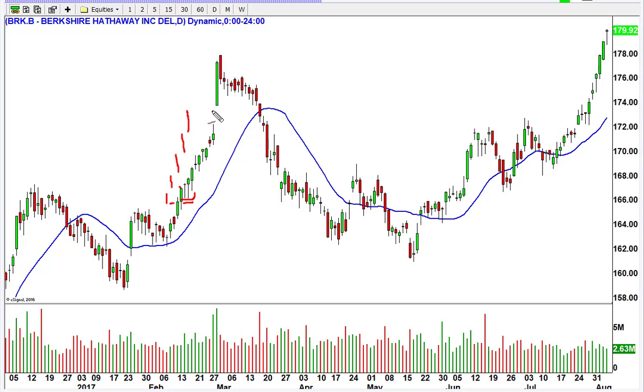Now, in this example, this is what we call an exhaustion gap. And exhaustion gaps come near the end of a move of multiple bars moving higher. And then, in addition, we had a wide range bar here. Right? Simply a bullish wide range bar. So what does that tell us?